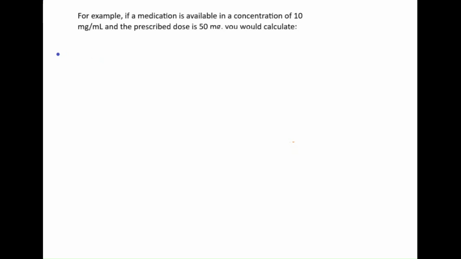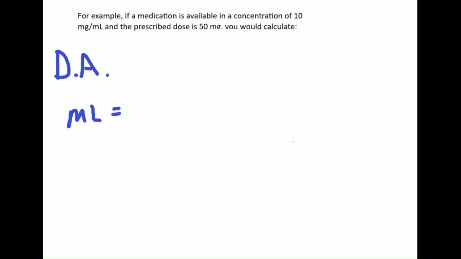All right, so for dimensional analysis, and I'll just put DNA there. One thing that I want you all to consider when working with dimensional analysis is always starting with the unit of interest. In this case, my unit of interest, what they're asking me to solve for is milliliters. They're asking me to find out how many milliliters I would need for a 50 milligram dose, right?